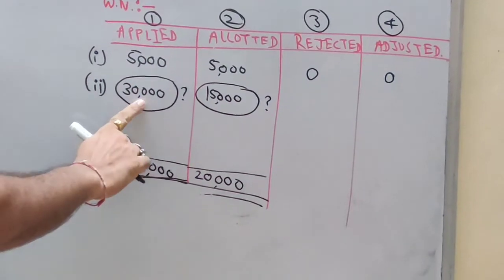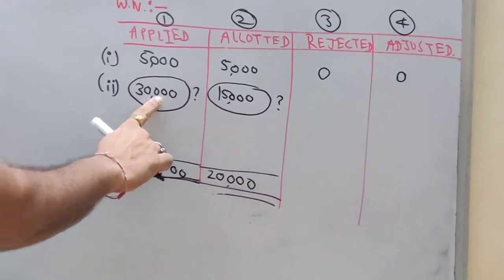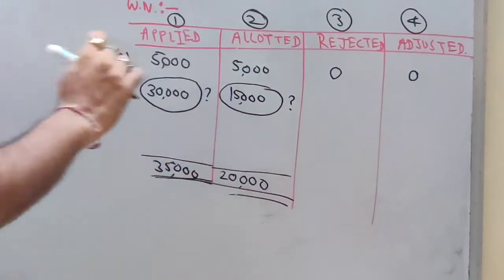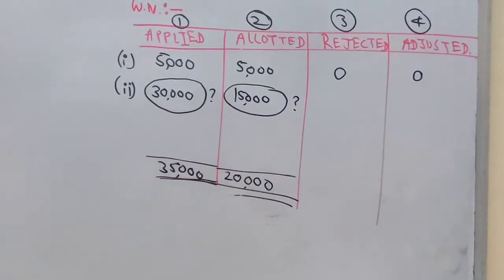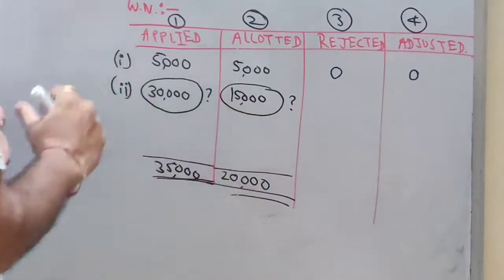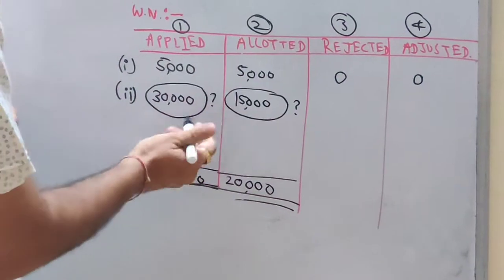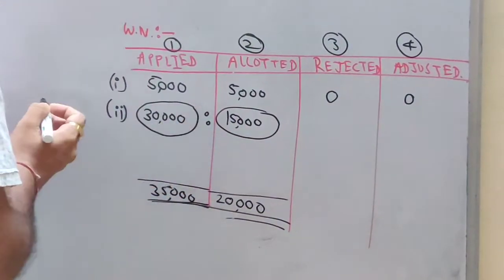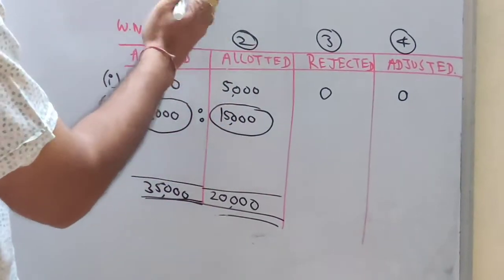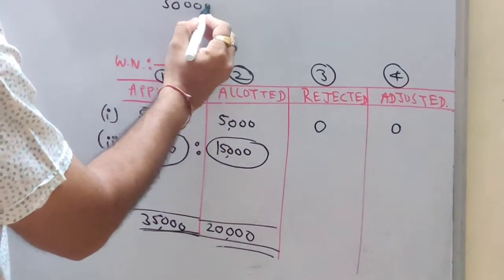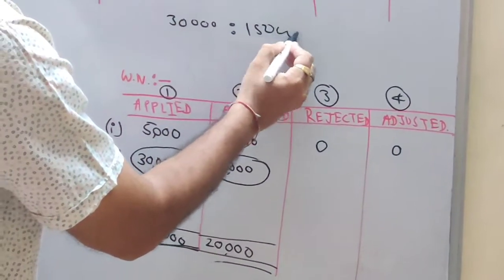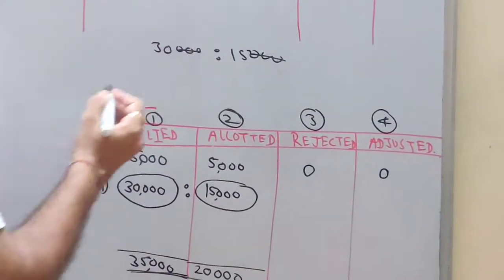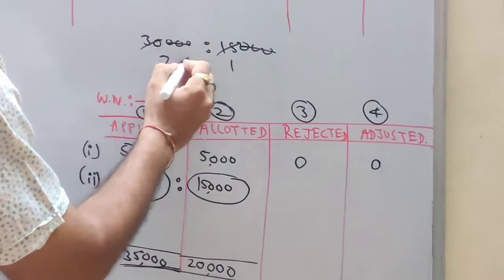Why? Because those who have applied for 30,000, we gave them 15,000 shares. So we got the pro rata ratio. Now how to get the ratio, students, out of this? You have to simplify this. So I am simplifying over here. 30,000 shares is to 15,000 shares. Three zeros cancel. 15 ones are 15, 15 twos are 30.